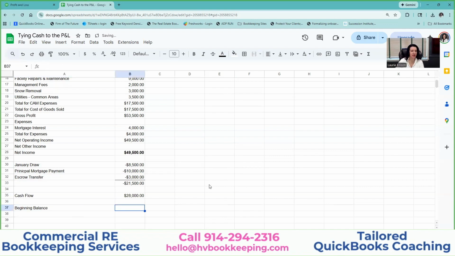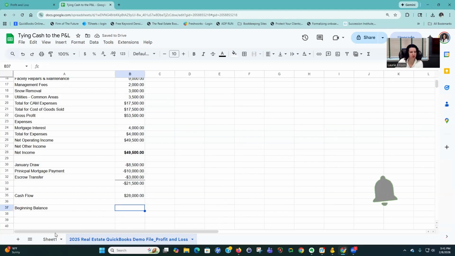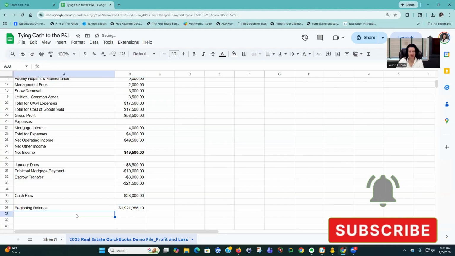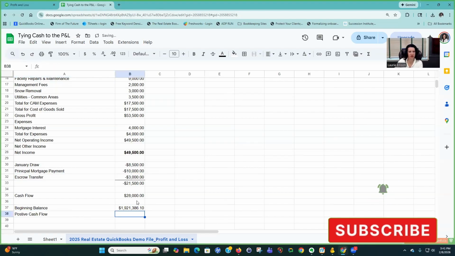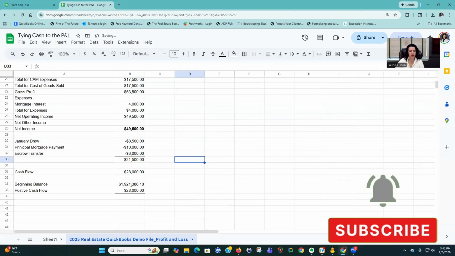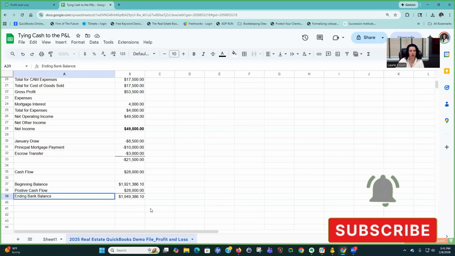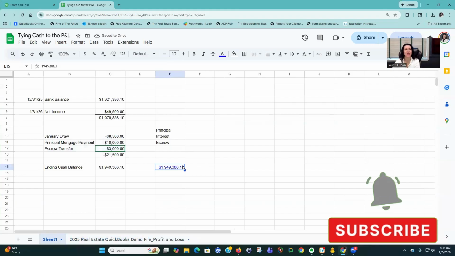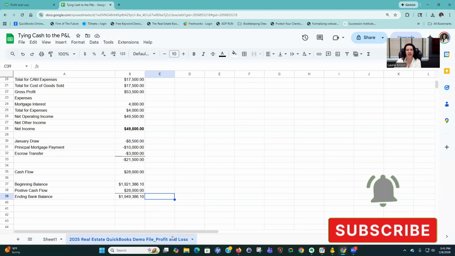So your beginning balance was, well, let me just make a formula, equals this, right? And then we could say positive cash flow would be your 28. Sum that up. Better match. 1,949,386.10. There we go. So those are some ways you can look at and try and even back of the envelope anything when you're really trying to understand cash flow.